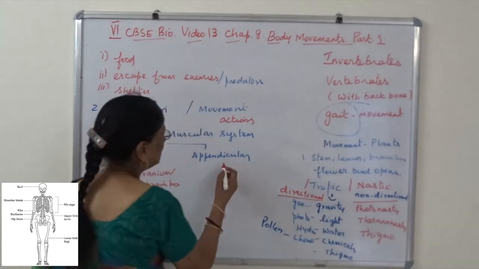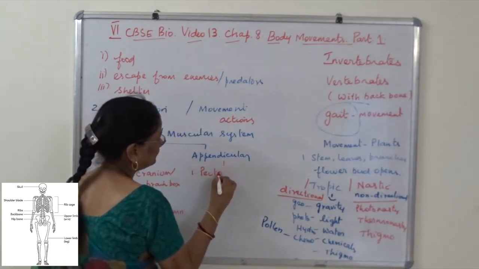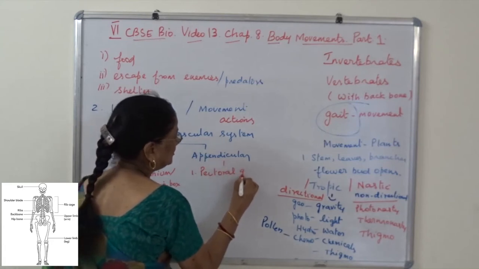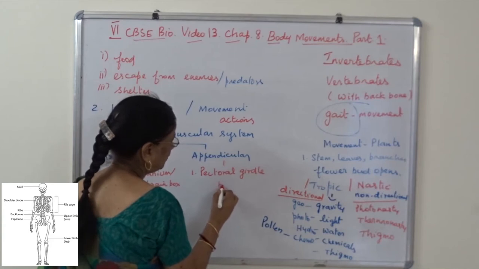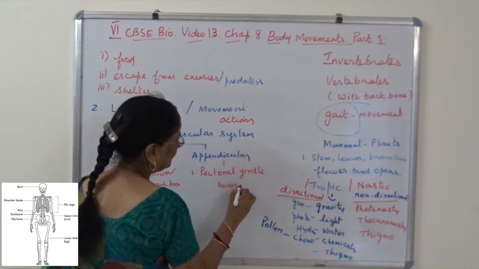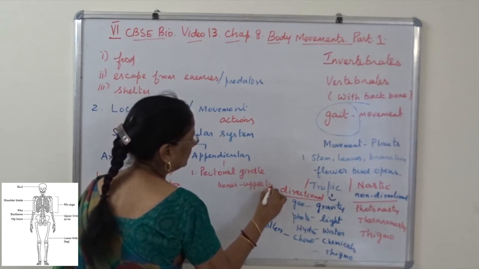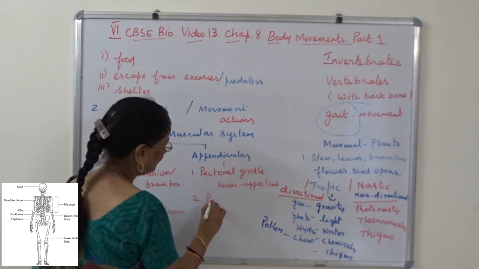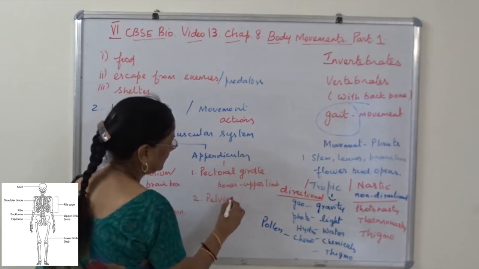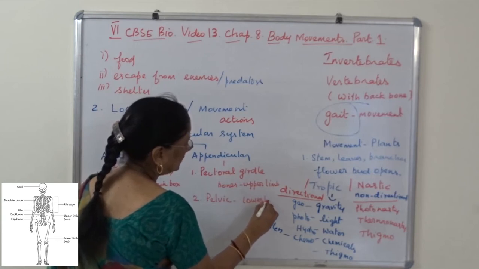Whereas appendicular skeleton is the pectoral girdle and bones of the upper limb. Second one is the pelvic girdle and bones of the lower limb.